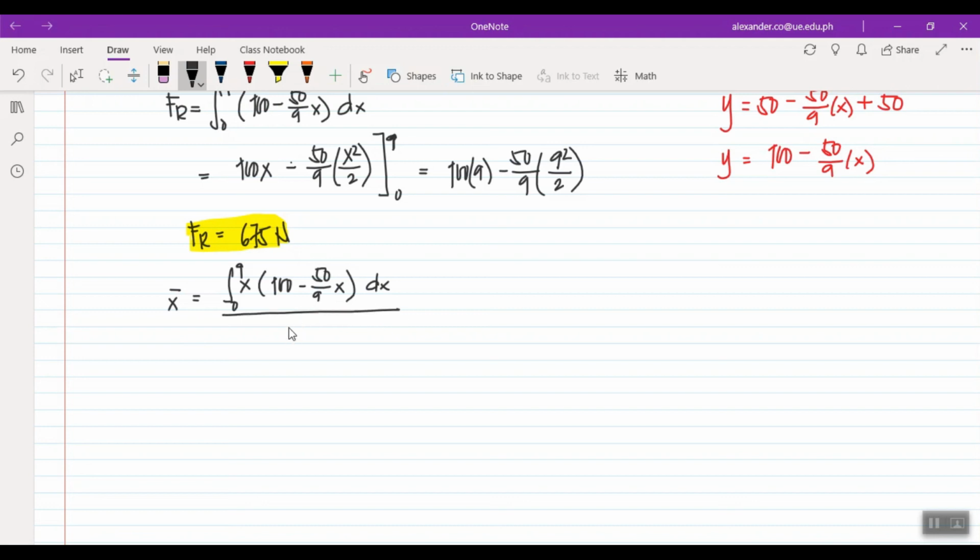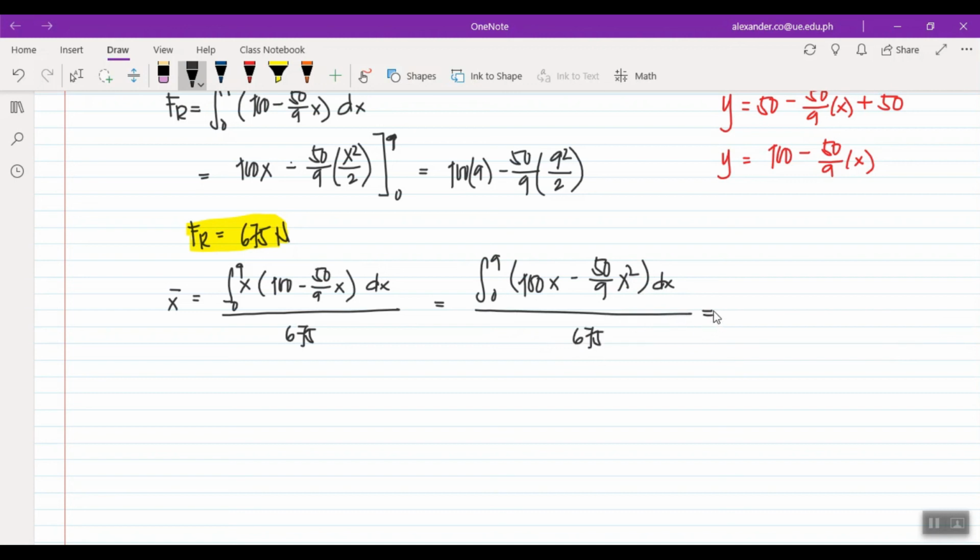All over 675. Dapat, alam nyo na yan. So, this is now 0 to 9, 100x minus 50 over 9 x squared, of course, with dx.